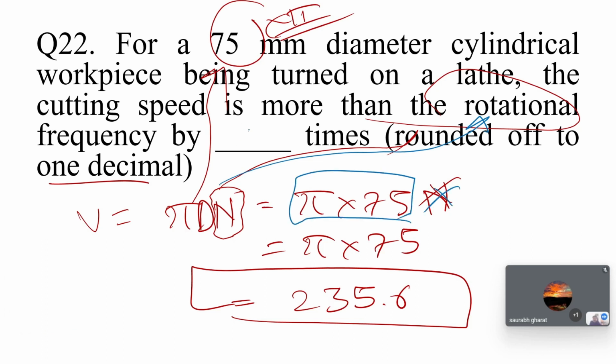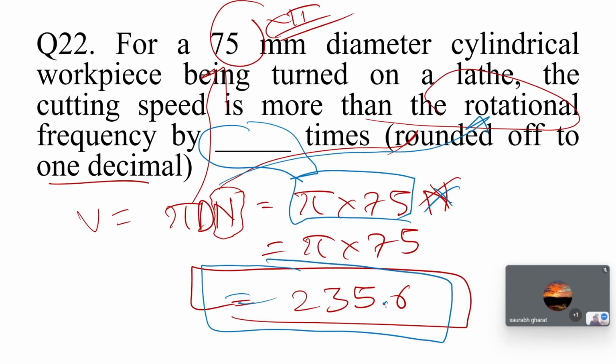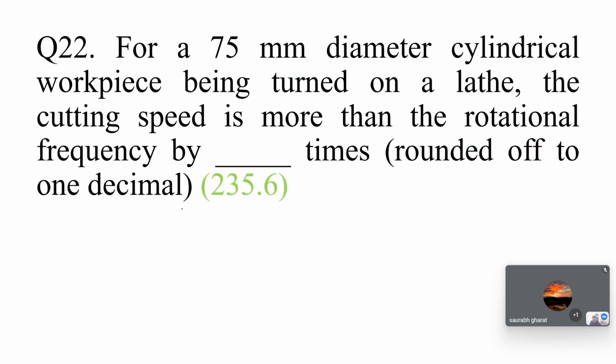This gap is filled by this part only. So 235.6 is your correct answer, which we got by multiplying 75 by pi. 75 is your diameter, which is given, so it's a very simple problem. Just multiply by pi, that's it.